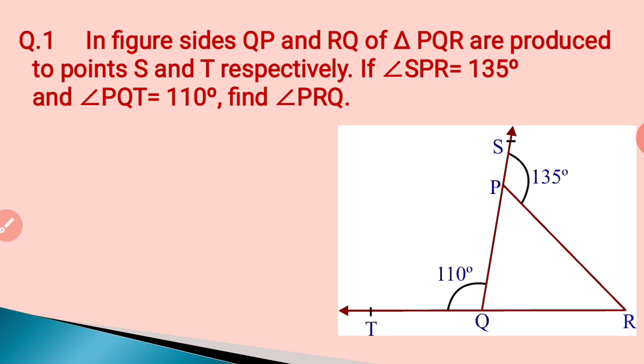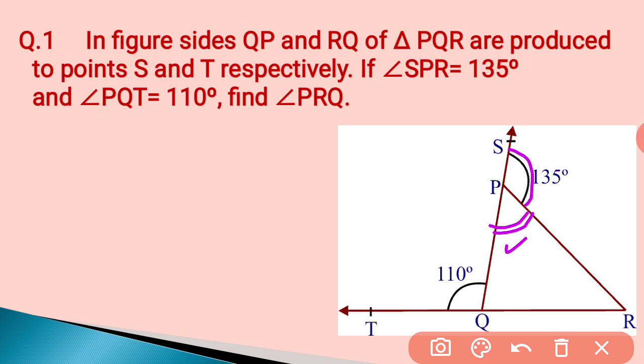Now to proceed with this, we have to think of the properties or theorems that we have learned. If we look into the figure, this angle SPR and this angle RPQ form angles in linear pair. So one measure is given, we can easily find out the measure of angle QPR.